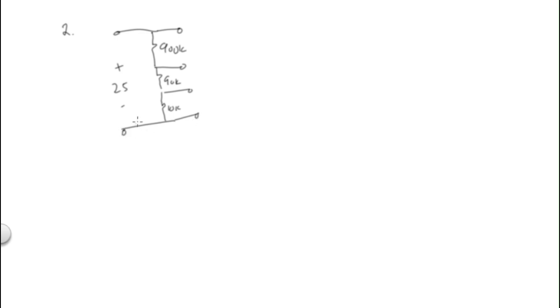So basically, let's call these A, B, C, and D. Although they're not labeled there, we should label them, and then we can say, what is the V out at VA? What is VA with respect to the bottom down here, or 0 volts?